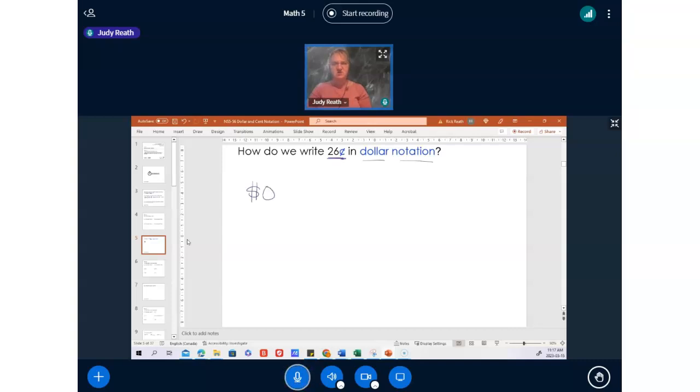We always have to use the 0 and then the decimal and then put in our 26 over here to show it's 26 cents. Remember that 100 cents equals $1. So notice that we move the decimal place over 2 spaces right to here when we change it to the dollar notation.